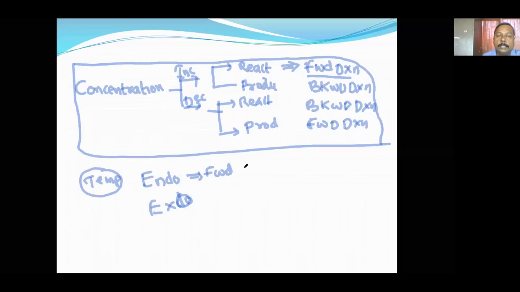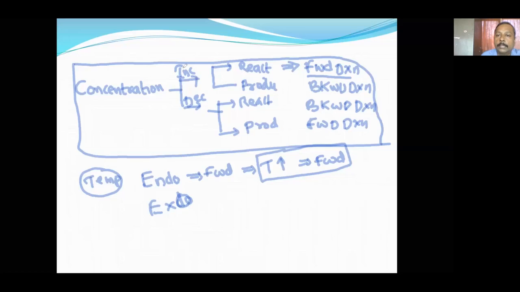If the reaction is endothermic in the forward direction and temperature is increased, equilibrium will shift in the forward direction. Remember only two sentences: high temperature is favorable for endothermic reaction, and low temperature is favorable for exothermic reaction. You can write it somewhere and practice it afterwards. Whichever direction is endothermic, in that direction equilibrium will shift when temperature is increased.